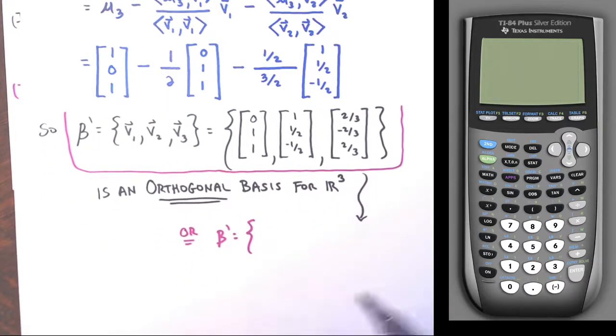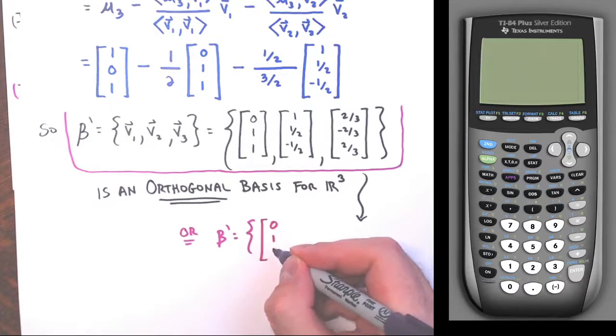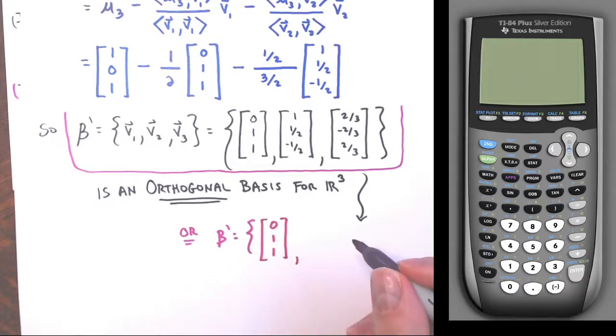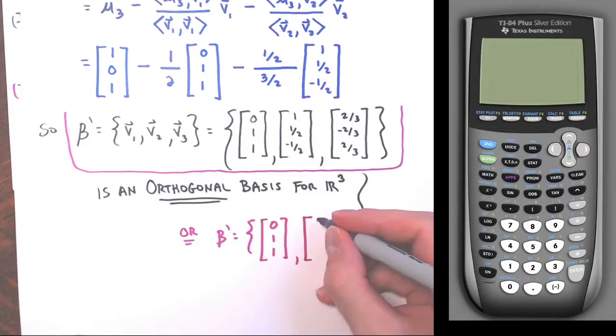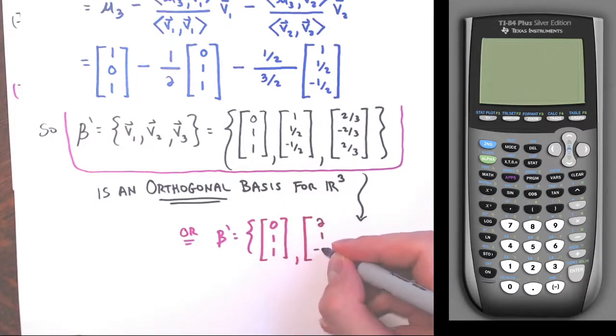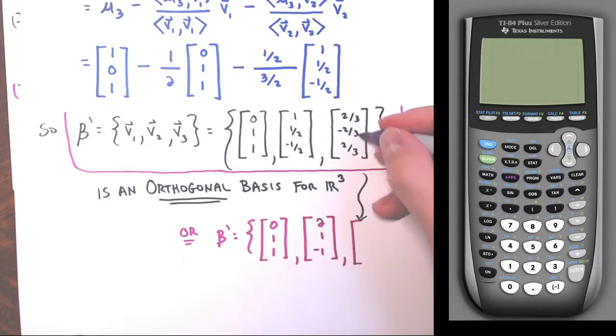But now that I have this orthogonal set, I can multiply these by scalars if I want to make things a little simpler. Now 0, 1, 1 is nice. I'm just going to get rid of the fractions. I can multiply this second vector by 2, get 2, 1, negative 1, and multiply this third vector by 3 halves.